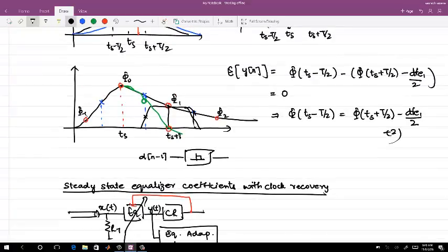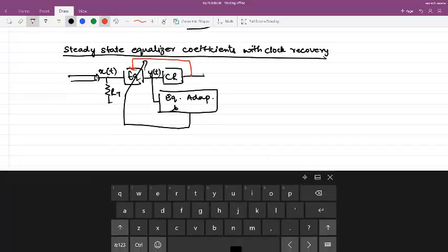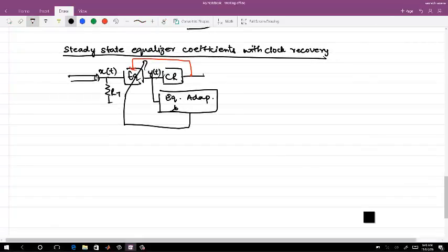So for data-based sampling, what it means is that for the adaptation, I am only looking at the data samples which you have marked here with red circles. Okay. And let me just do it for a DFE post cursor.